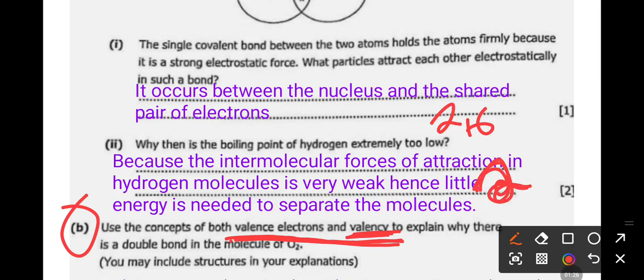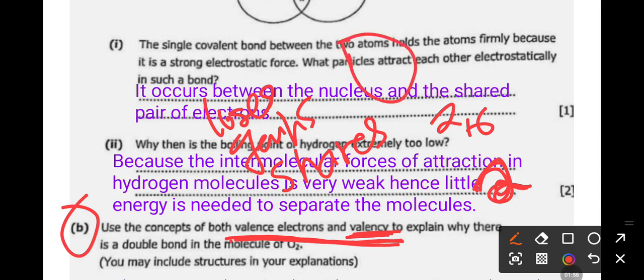The other way you can define valency is that it is the number of electrons an atom loses, gains, or shares in order to attain a stable electronic configuration. So for oxygen, for it to be stable, remember, oxygen will only be stable when it has 8 electrons in its outermost energy level.